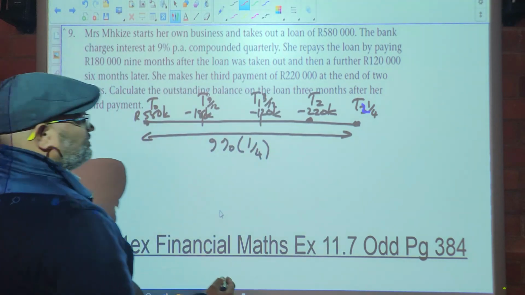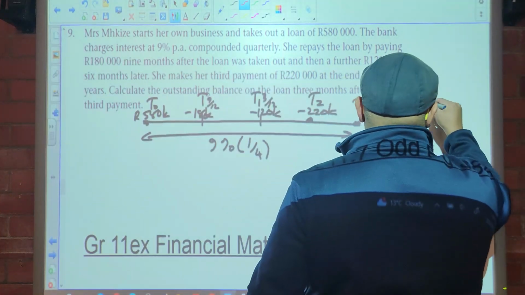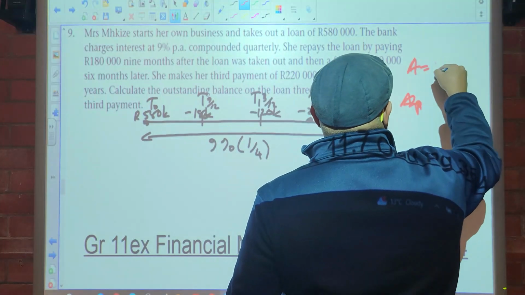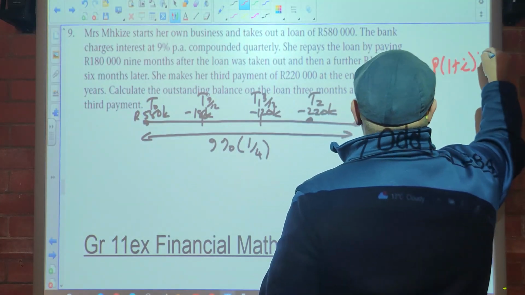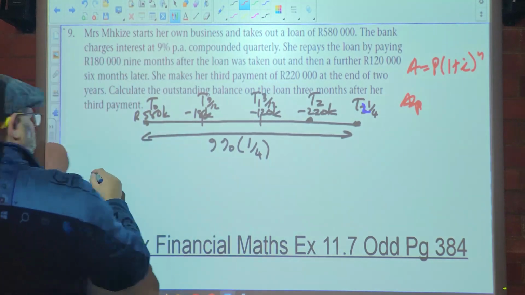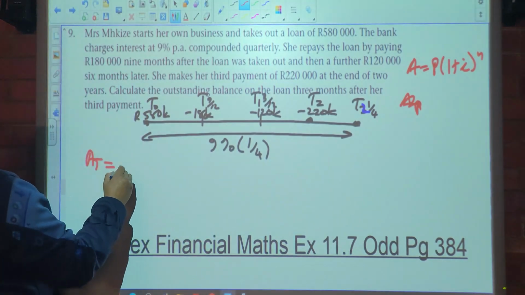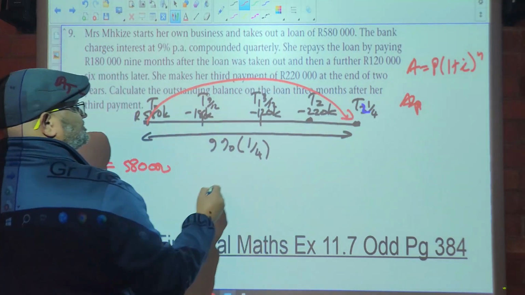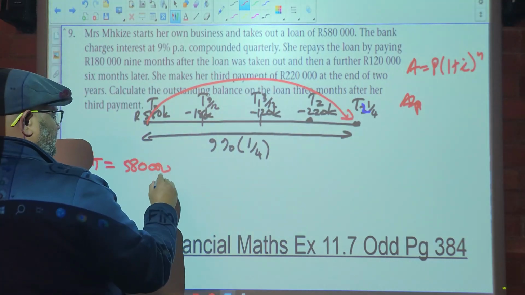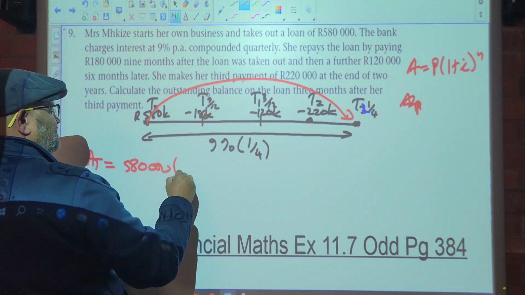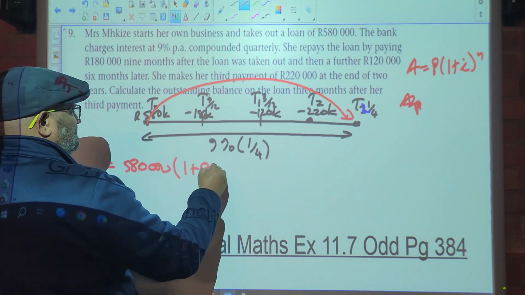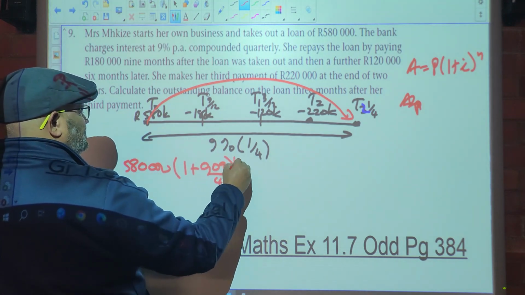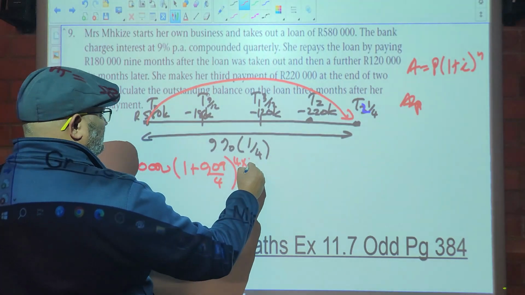We start with the formula A is equal to P into 1 plus i to the exponent n. So your A total is going to be 580,000 rand into 1 plus 0.09 over 4 to the exponent 4 times 2 and a quarter.